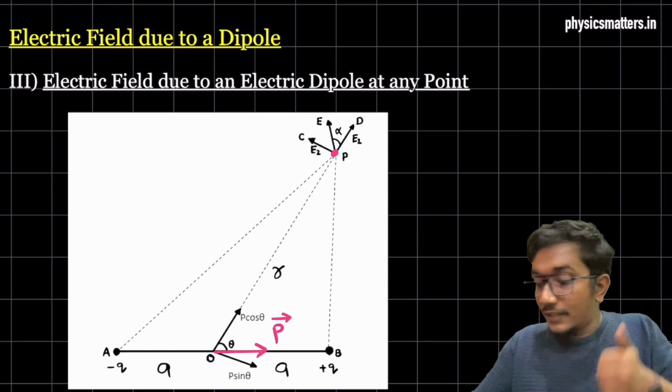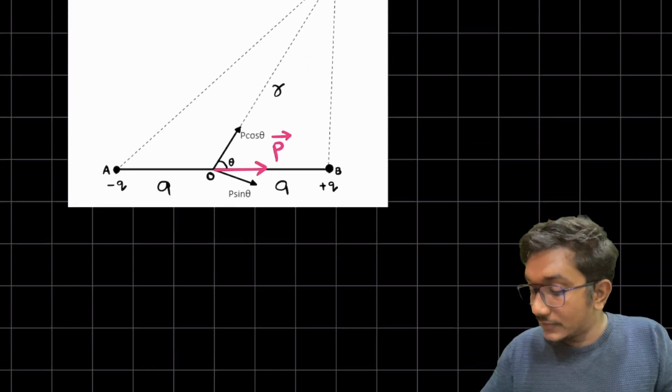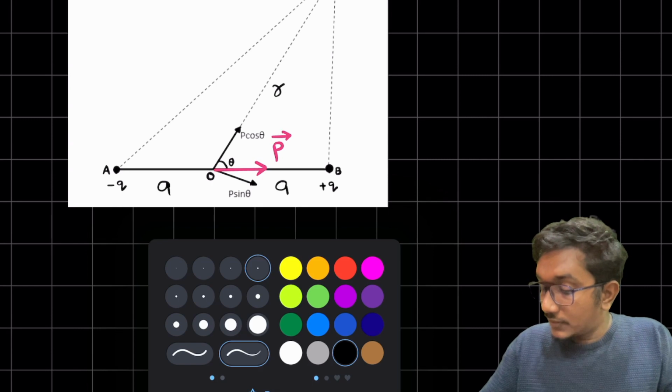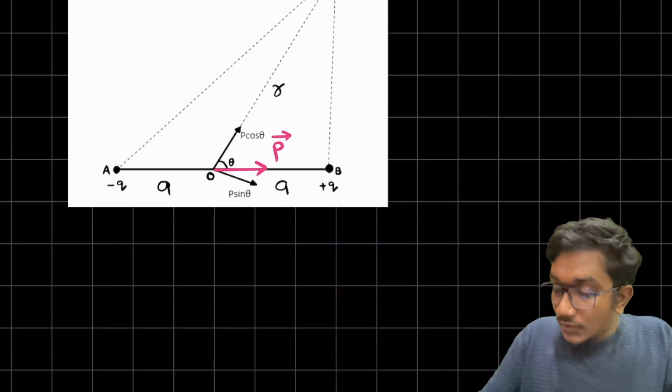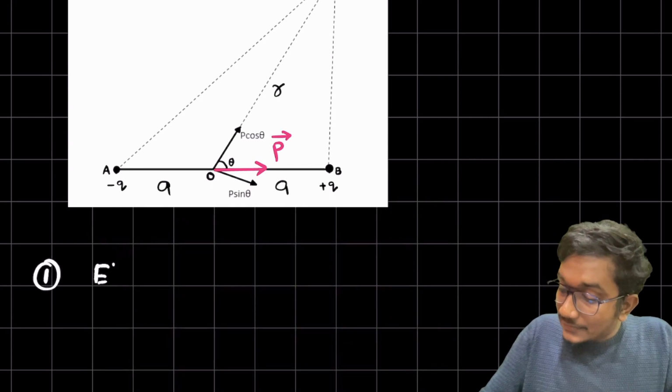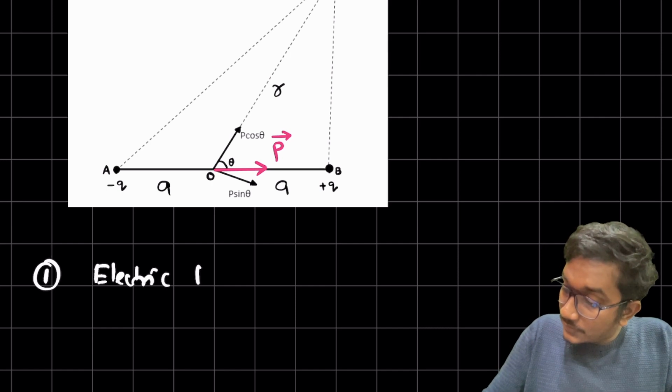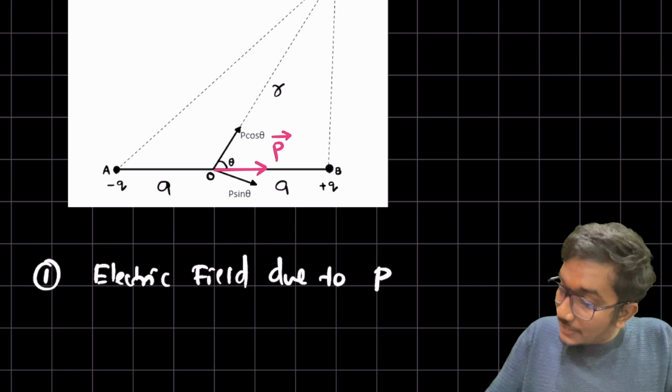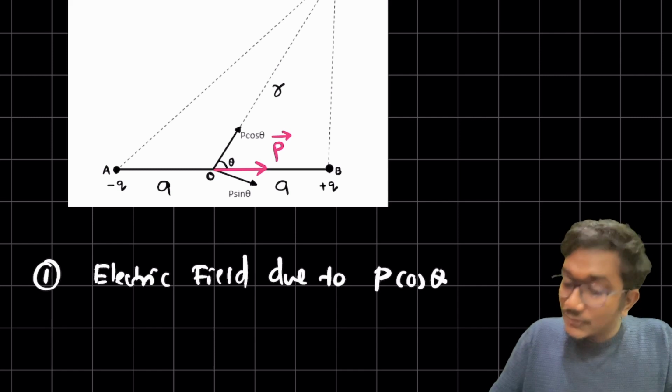So number one, I'll be changing the color a little bit. Number one, the electric field due to P cos theta, how much will that be?